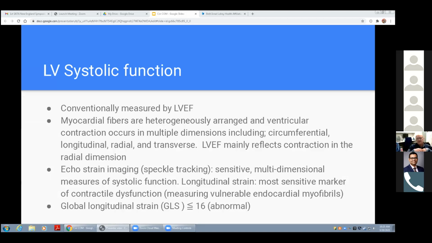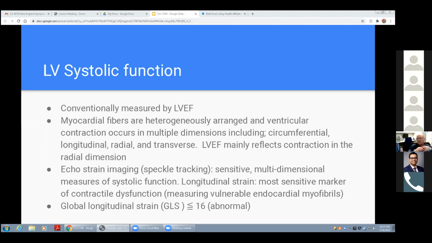LV systolic function conventionally is measured by echocardiography using left ventricular ejection fraction, which mainly reflects myofibrils contracting in the radial dimension. We know that myocardial fibers are arranged heterogeneously within the heart, with contraction occurring in multiple planes. The myocardium contracts circumferentially, it contracts longitudinally, radially, transversely.